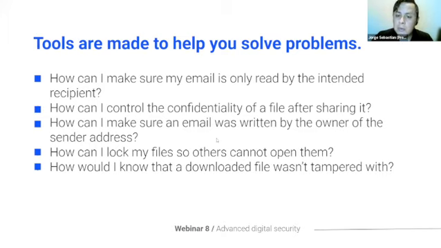How can I make sure an email was written by the owner of the sender address? This is very critical in scenarios where oppressive regimes are taking over arrested people's computers. I heard about a case in Iran where an activist was arrested, and the police were using this person's devices, and he was communicating with people in the United States.